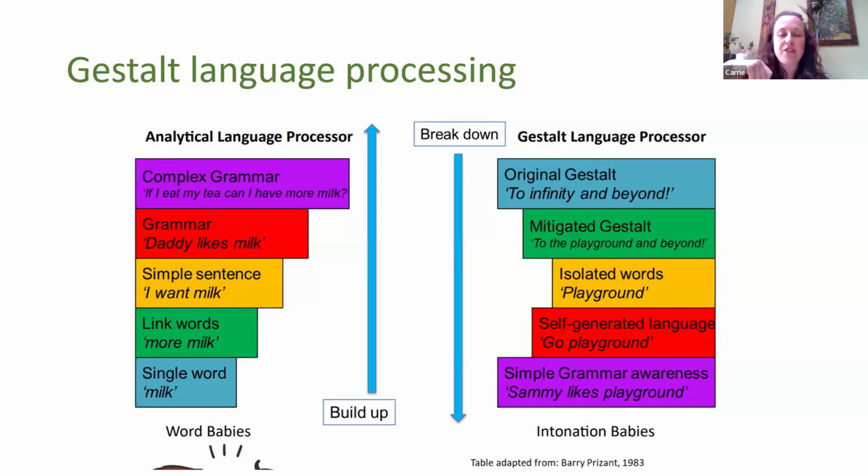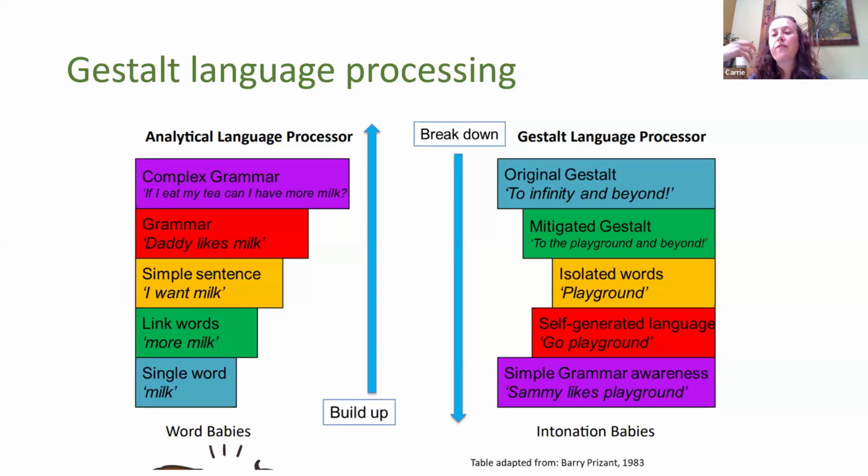There are whole courses on Gestalt language processing, and I obviously don't have time today to go too in depth into how the learning works, but I think it's important to bear in mind that for some children that is how they learn language, and it's important to validate that language.